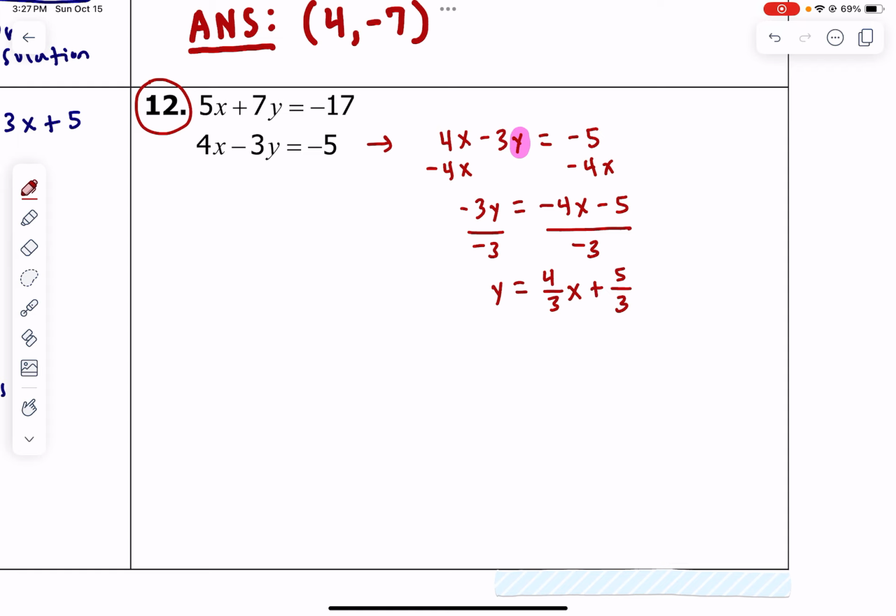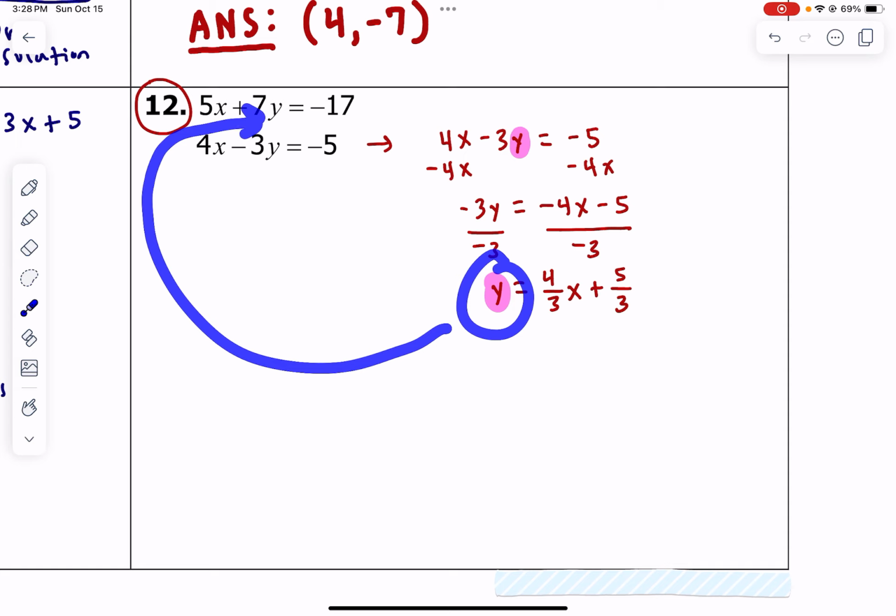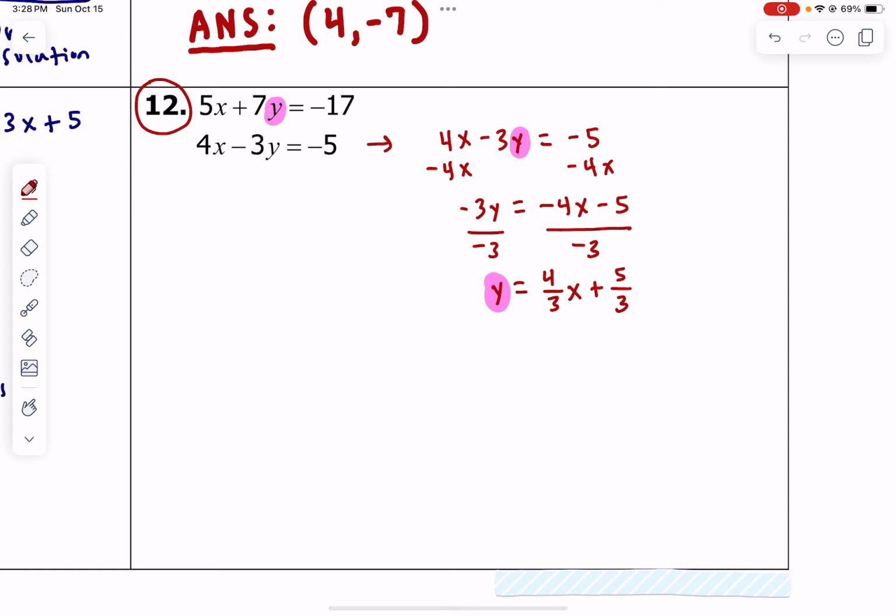Okay. So now we're dealing with fractions, which is a little bit more complicated, but just be real careful with this one. So now that we solved for y in the second equation, we can use this and make a substitution for y into the first equation. So let's go ahead and do that.